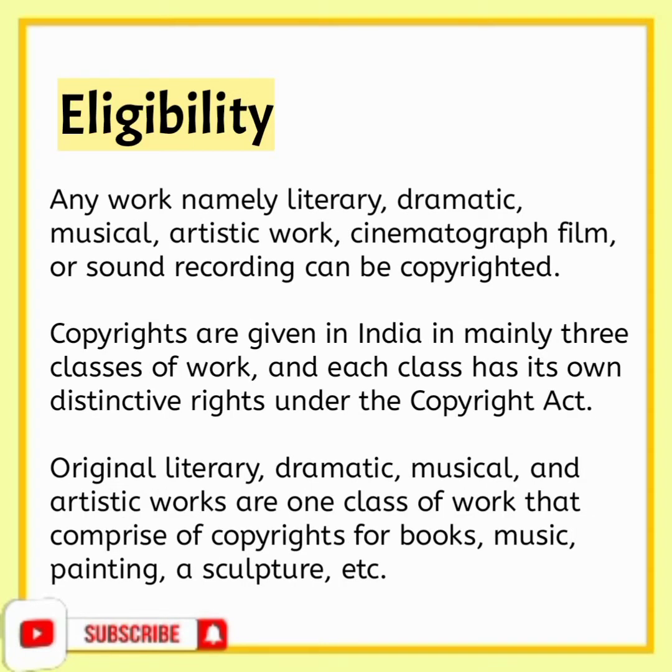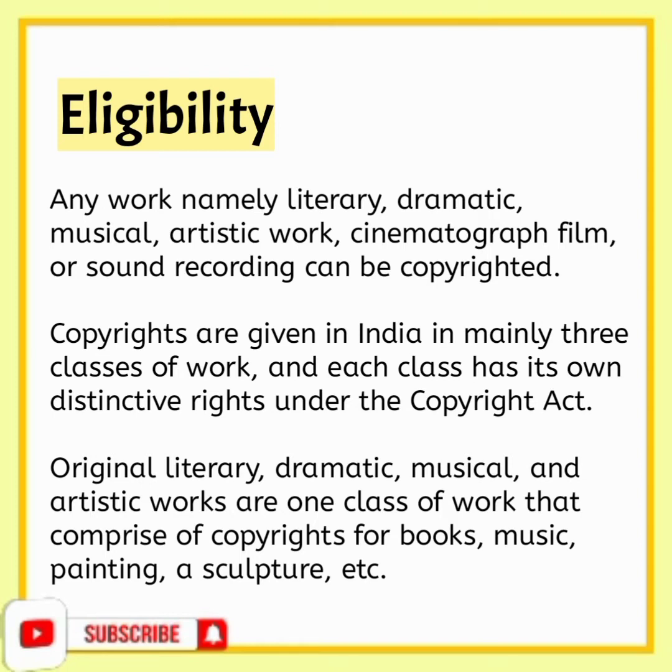Any work, namely literary, dramatic, musical, artistic work, cinematograph film, or sound recording, can be copyrighted. Copyrights are given in India in mainly 3 classes of work, and each class has its own distinctive rights under the Copyright Act.